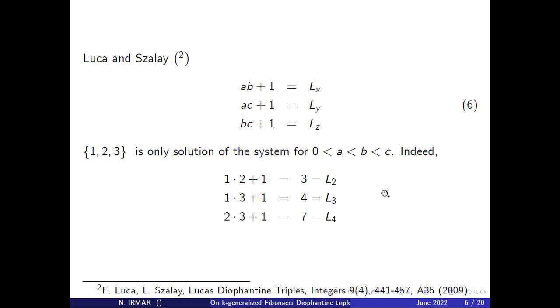Then after that, in 2009, Luca and Szalay put the Lucas numbers on the right-hand side of the equation: ab plus 1 is L_x, ac plus 1 is L_y, bc plus 1 is L_z. And they found only one solution: 1, 2, and 3 is the only solution of the above system.